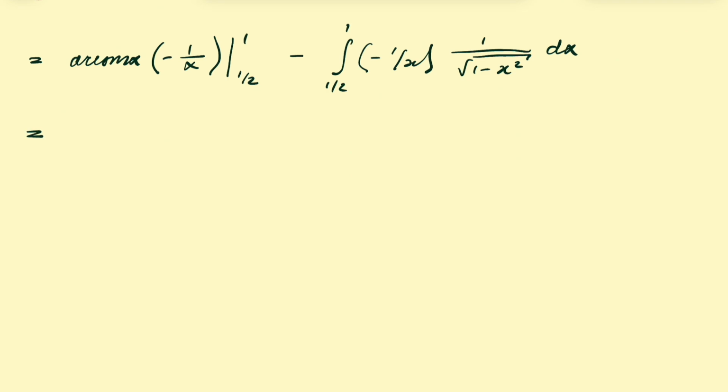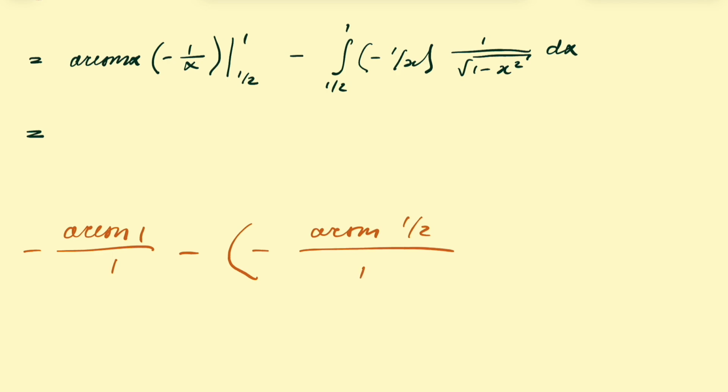Great. Now let's clear it up a little. I want to evaluate this directly. What we have here is arcsin of 1 times minus 1 over 1, minus arcsin of 1/2 times minus 1 over 1/2.